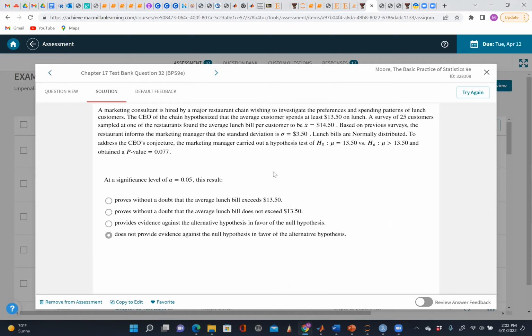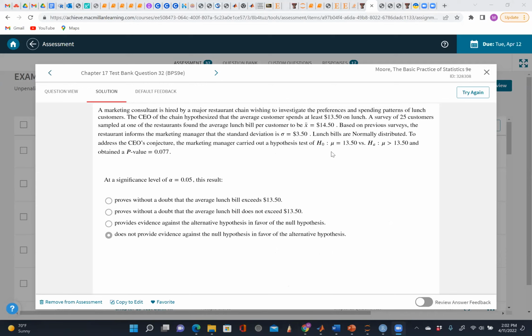Okay, the next problem: a marketing consultant is hired by a major restaurant chain wishing to investigate the preferences and spending patterns of lunch customers. Here the CEO of the chain hypothesizes that the average customer spends at least this amount on lunch. So this is the hypothesis value.